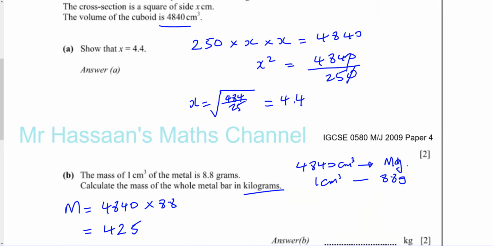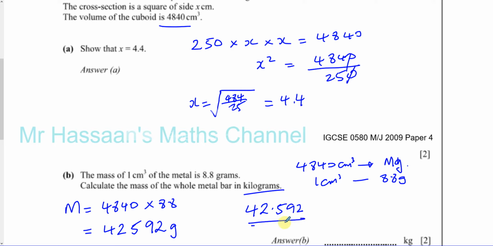Yes. That's grams. To convert that to kilograms, you can divide by 1,000. So in kilograms, you're going to get 42.592.